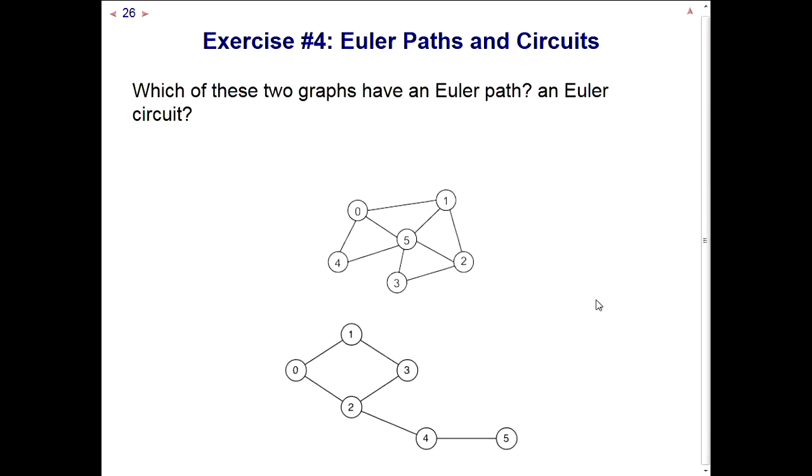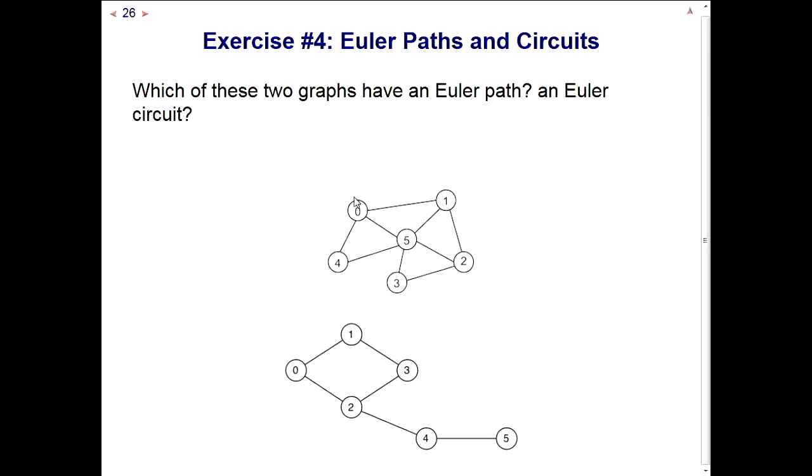So quickly check whether you can apply this criterion. The first graph, does it have an Euler path? Does it have an Euler circuit? No, the first graph has neither.